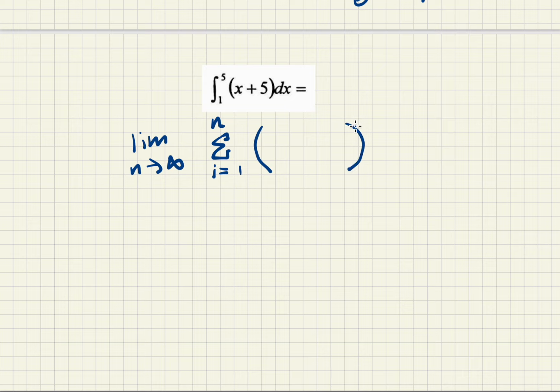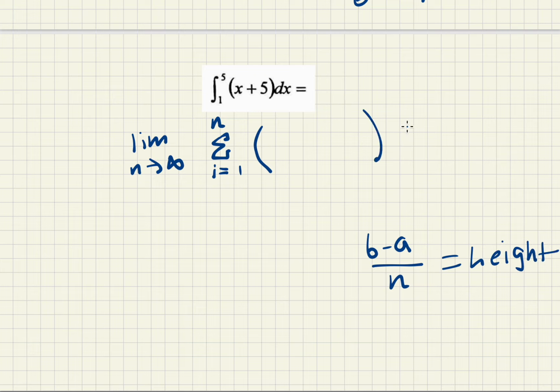So what we're doing is working backwards. When we work backwards, the first thing you want to do is find the height. And what we can do to find the height is use this formula, right? Because that's equal to height.